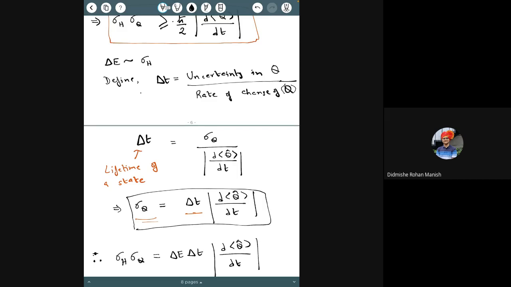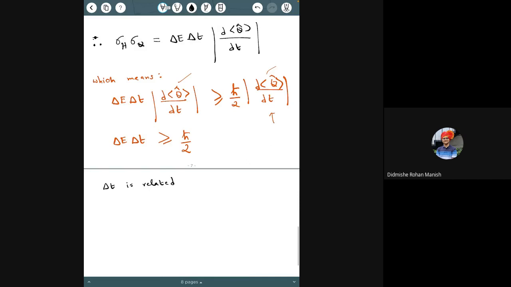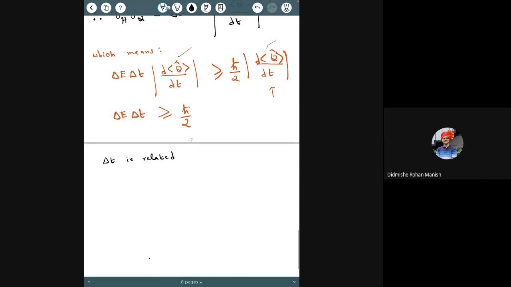So we are deriving the uncertainty relation using a particular property Q, but eventually we see that the property we are considering is not important.